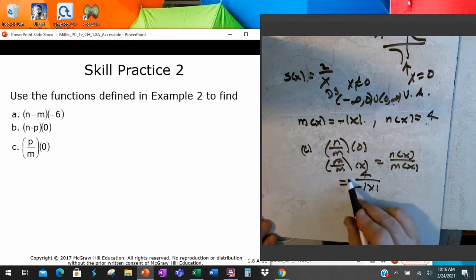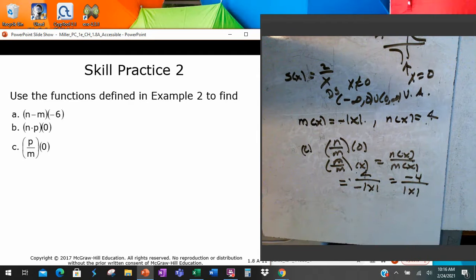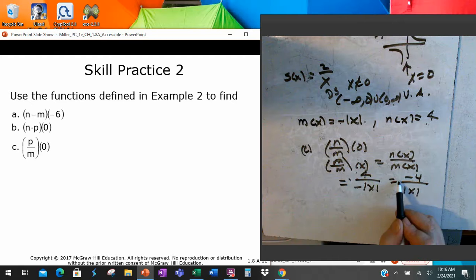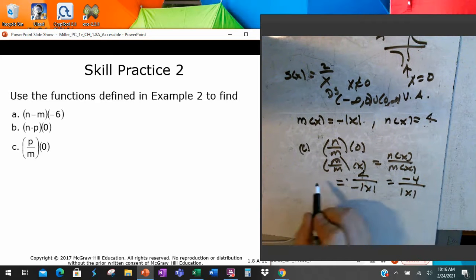And if I would simplify this, I would either put it up out front or up top. And that's probably the way I would write it, just to save a little space instead of having that negative sign out there.